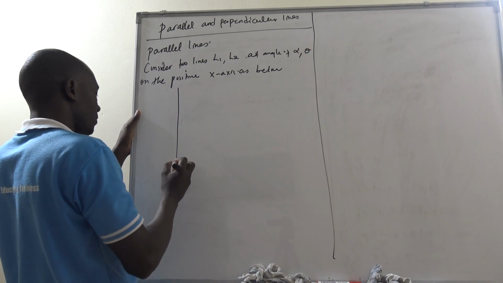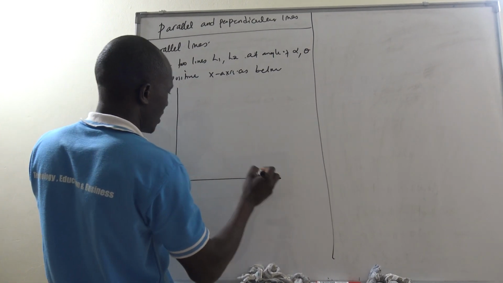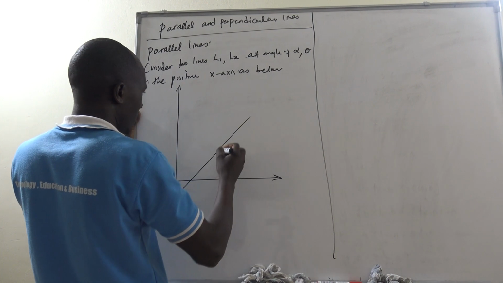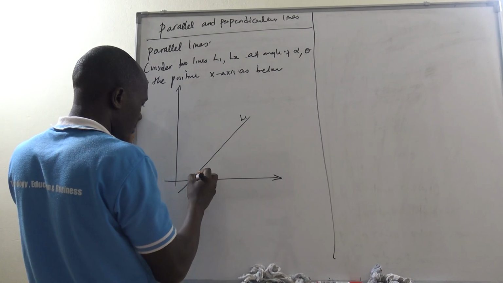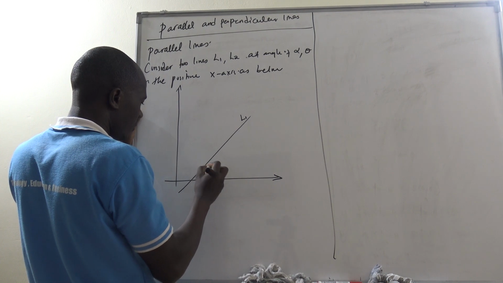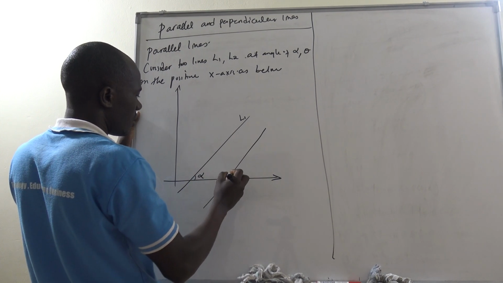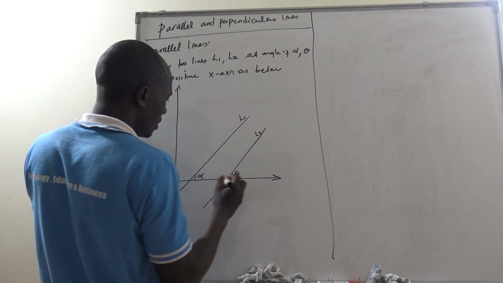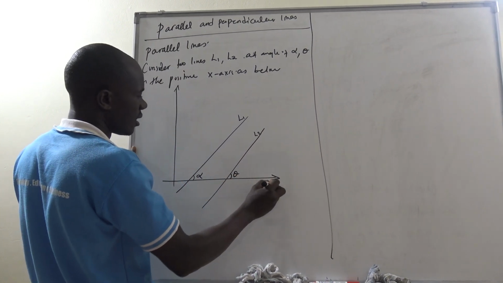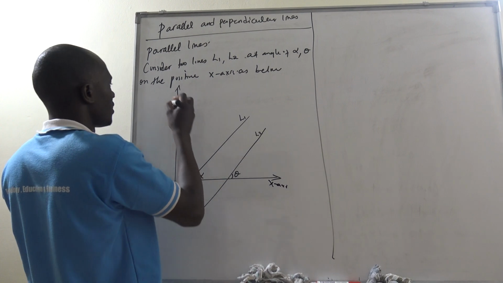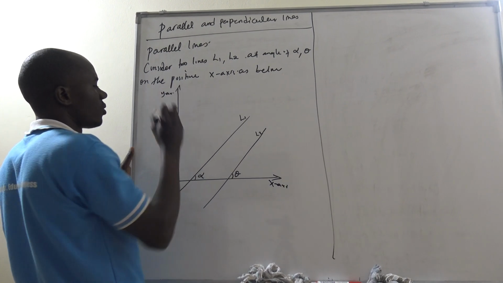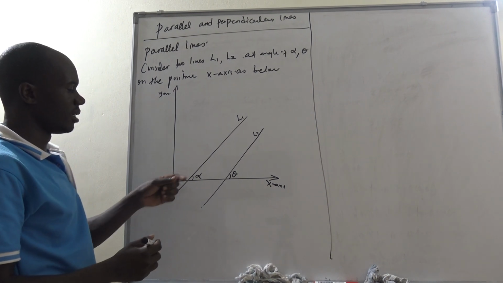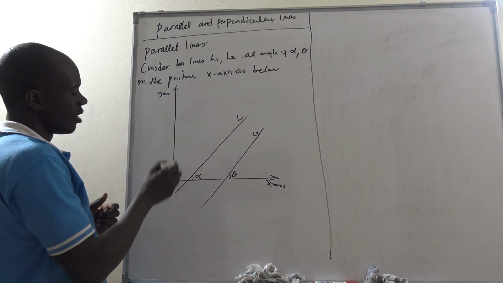So we are calling this line L1, at an angle alpha, and this is L2 at an angle theta. This is the x-axis. You can see that lines L1 and L2 are not meeting.